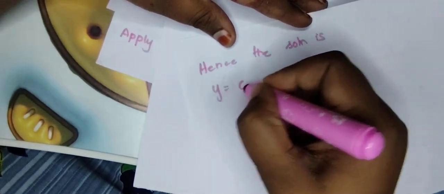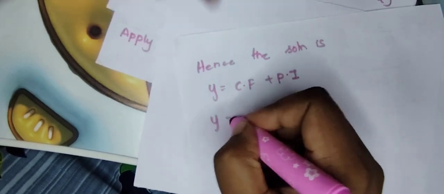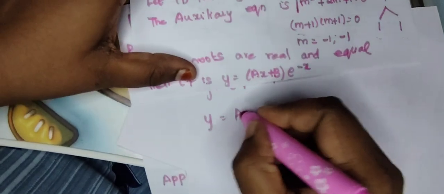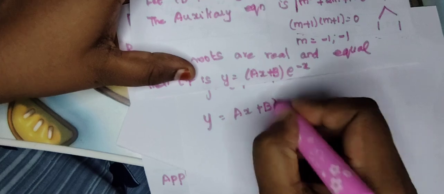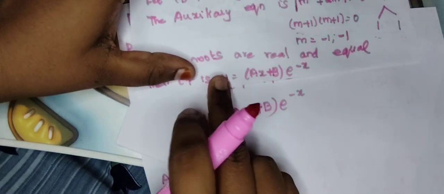y is equal to complementary function plus particular integral. So y is equal to, my complementary function is, as I have found before, ax plus b e power minus x. So this is my complementary function which I got before, right?